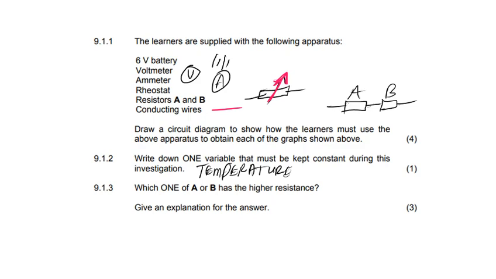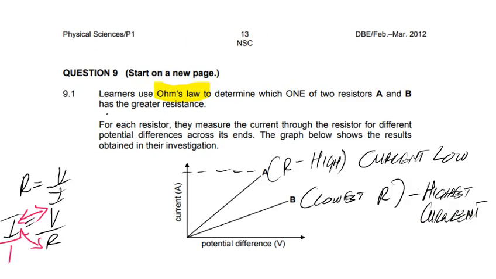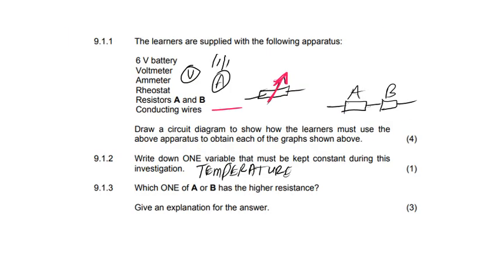Then they ask which one of A or B has the highest resistance. So I told you already, they want to know which one has got the highest resistance. So let me show you.